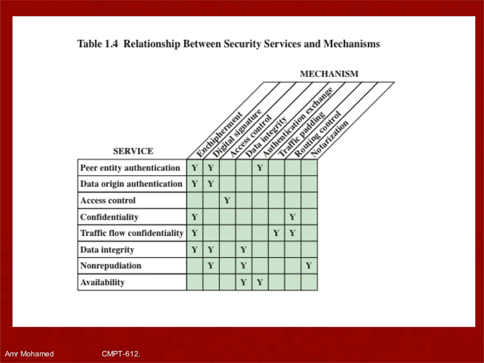So all these mechanisms have to come into the picture in order to facilitate peer entity authentication, and so on. For example, for traffic flow confidentiality, we have to do encipherment, traffic padding, and routing control. In many cases, we group all of these together in order to provide confidentiality or data concealment.